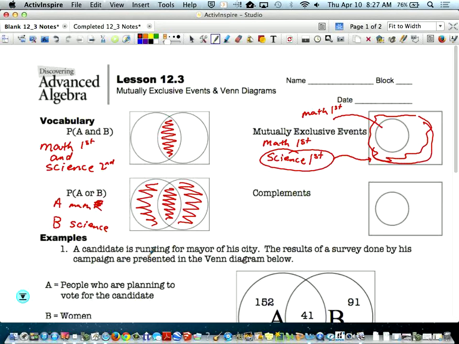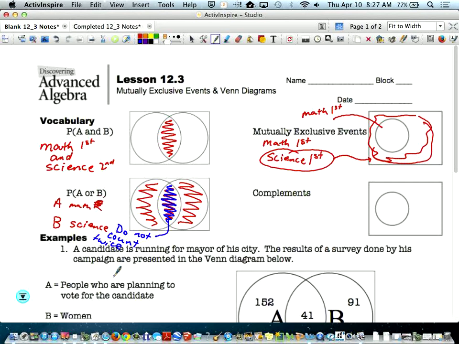What we have to be careful for is this group. Do not count that group twice. So if there are 400 kids that took science and there are 500 kids that took math, maybe there's 100 kids in the middle.